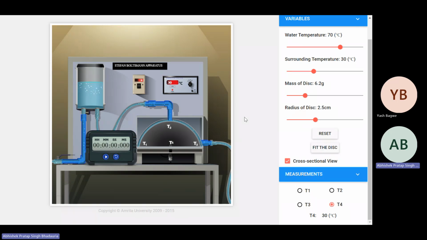We have to record the temperature value for every 20 seconds and tabulate the temperature values for different time values. With the help of those tabulated values, we will draw a graph of temperature with respect to time. After drawing the graph, we will calculate the rate of change of temperature with respect to time.